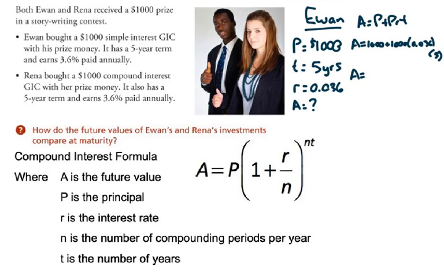Working that out, we get 1,000 plus 180, which gives him an amount at the end of this 5 years of $1,180.